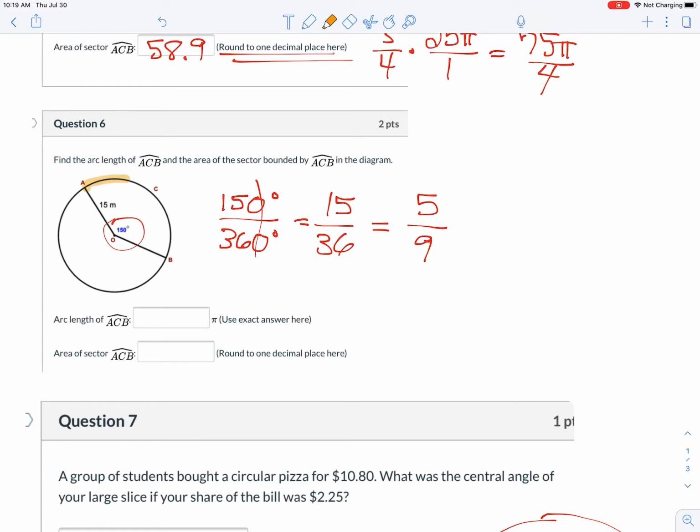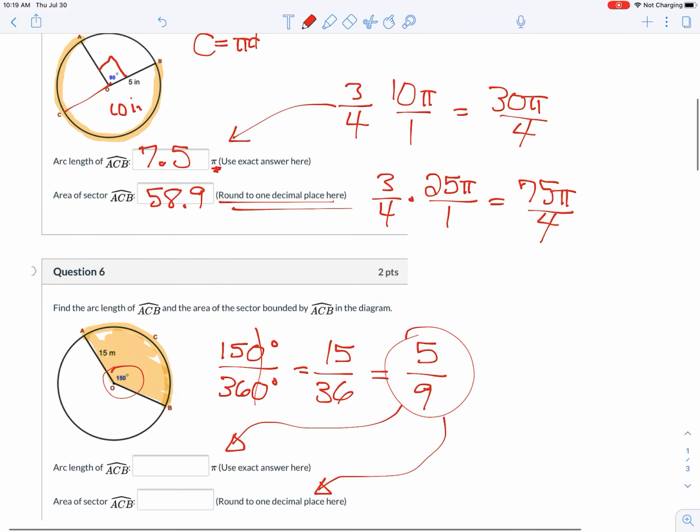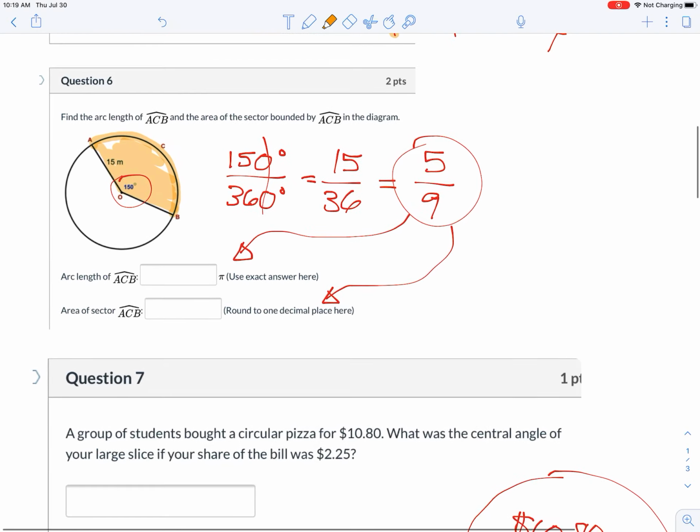Now we are looking for ACB. That part is 5/9 of the circumference, and that sector is 5/9 of the whole area. So this is going to be very similar to number 5, except where it used to be 3/4, you're using 5/9, and the radius is different.